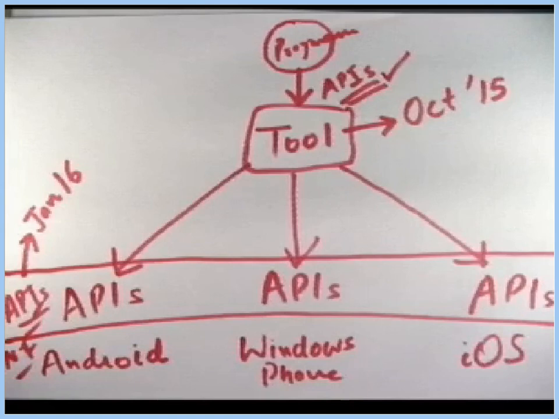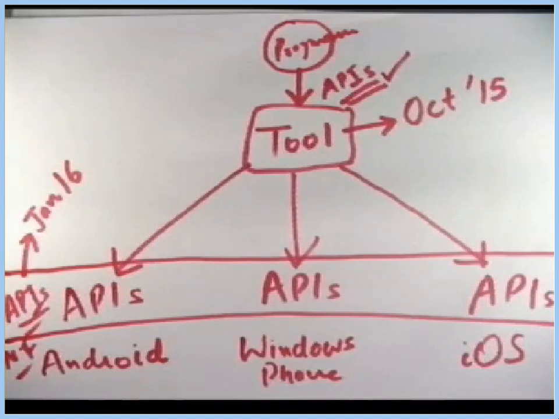So they have some frequencies: the tool will get updated every 1 month, or every 2 months, or every 3 months, or 4 months, or 6 months, or whatever. Different cross-platform tools may have their different cycles of upgradation.